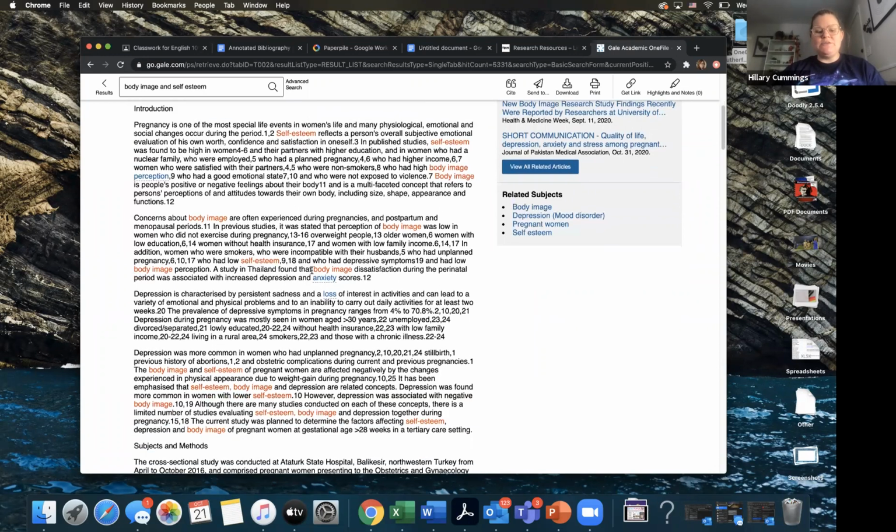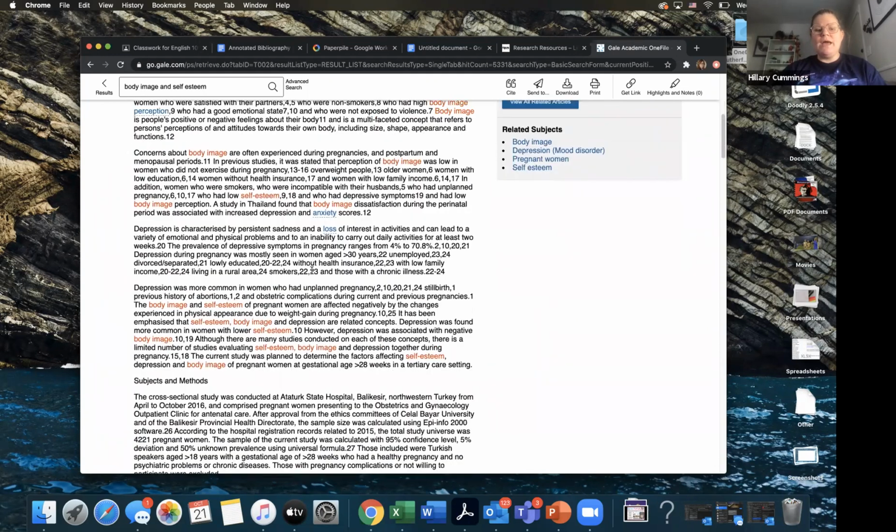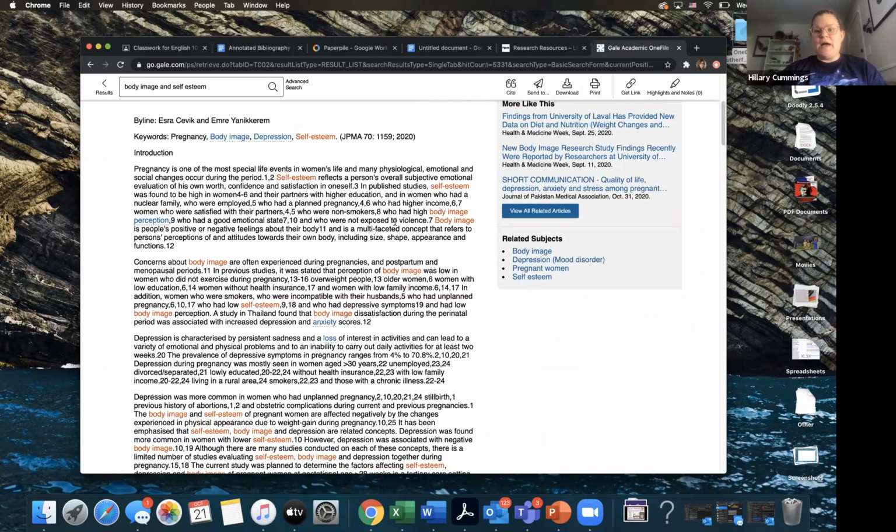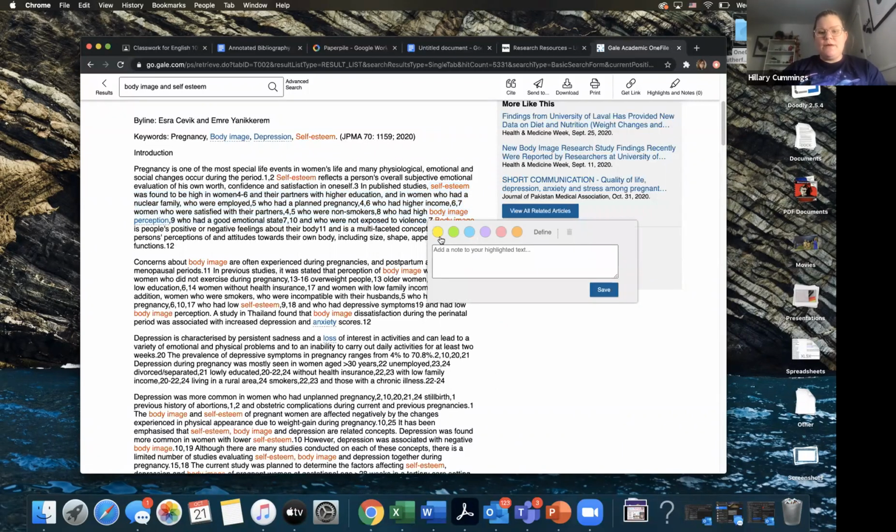So I would continue scanning and I would read this entire introduction. I would read it in its entirety, and I take a couple of notes, or I use the highlight tool. So I might highlight this yellow and then say that these are the factors that result in a positive body image. And I would just paraphrase those, right?